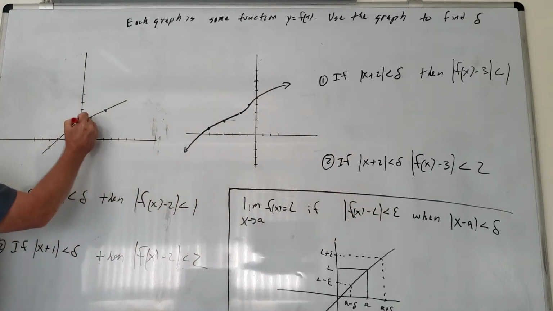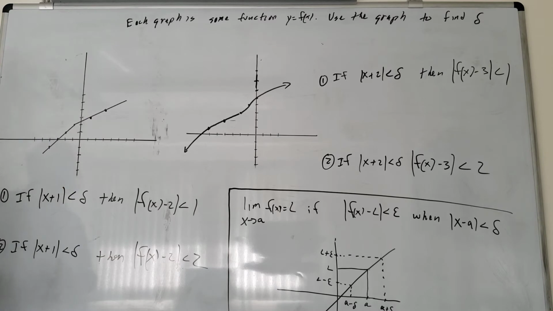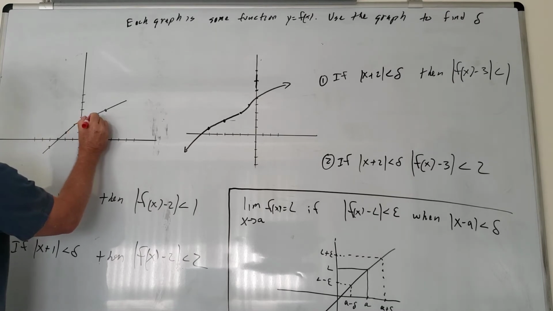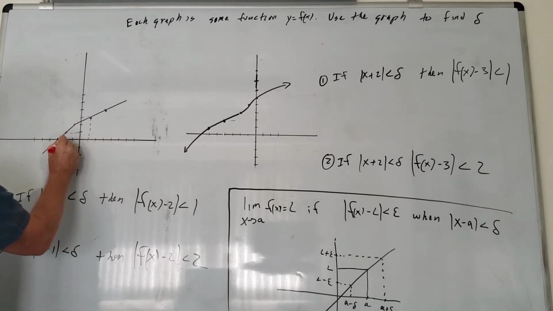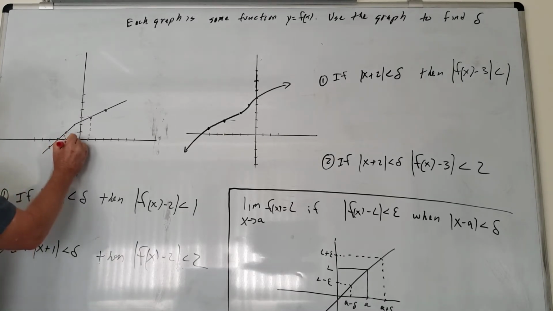So what we do is we add 1 to 2. That takes me up here. And subtract 1. So this is my epsilon neighborhood. Now, go over to your graph and down to the x-axis. Okay? So now notice, this is -1.